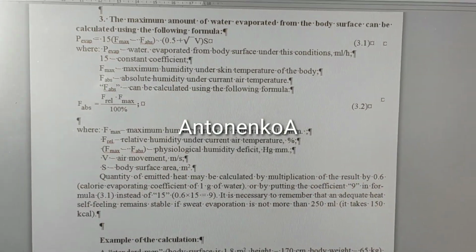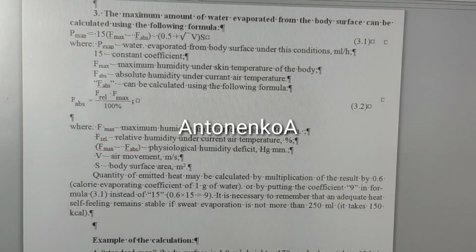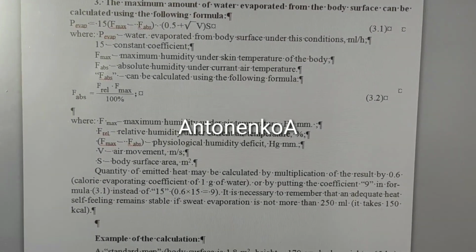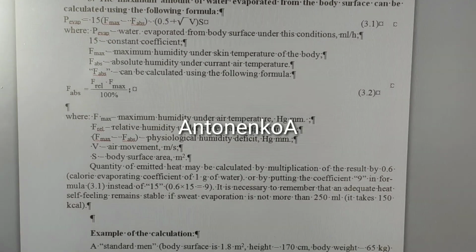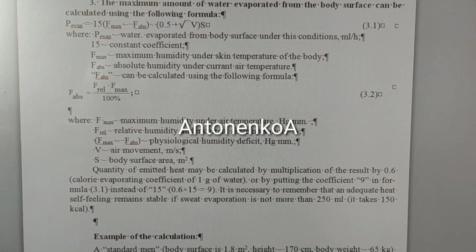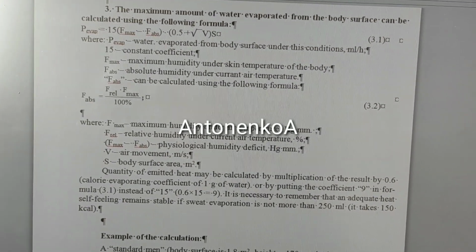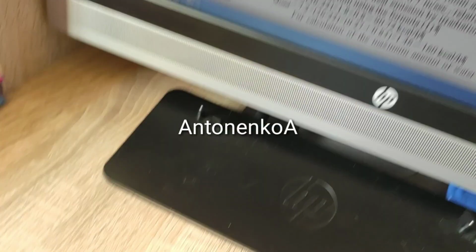Then air movement speed 0.8 given in the task, and body surface area we take the same as for the previous calculation, 100% according to the table, 1.922 as for the previous formula.